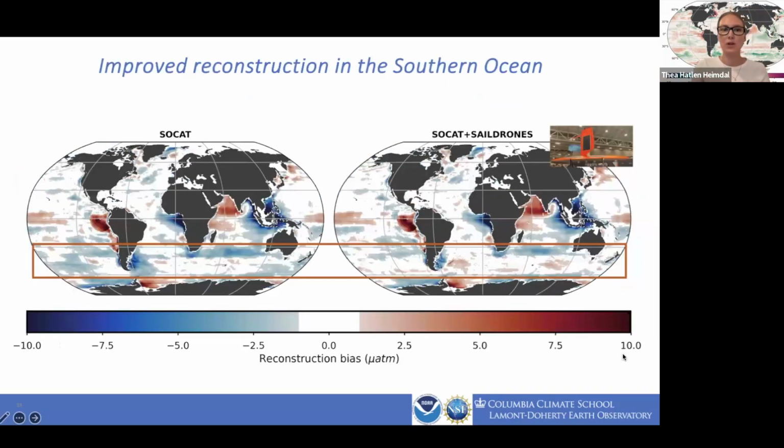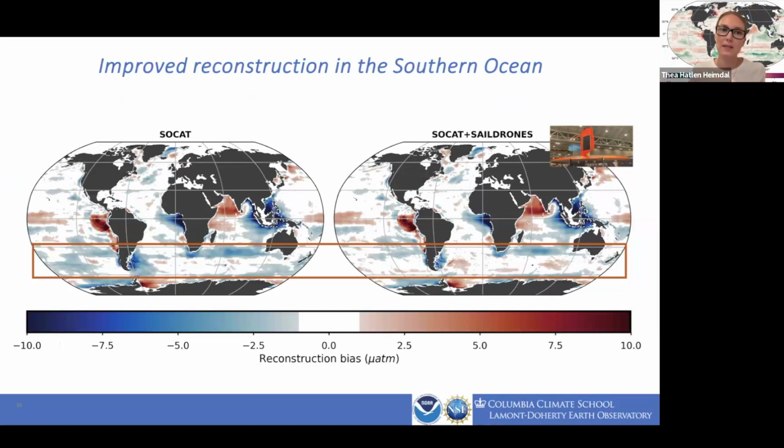Okay, here are some results. Both of these figures are showing reconstruction bias, like I mentioned before. Blue, we're underestimating pCO2. We have a negative reconstruction bias. Red colors, we're overestimating pCO2. We have a positive reconstruction bias. We're going to just focus on the Southern Ocean where we sent the sail drones, so within that orange box.